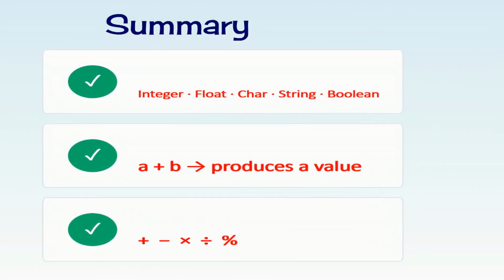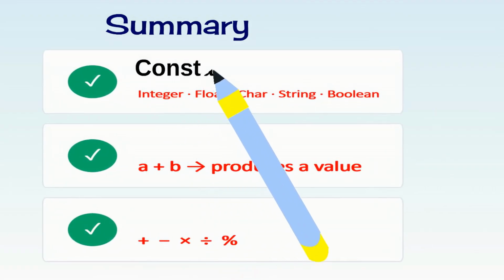Summary, let's quickly review what we learned in this lesson. First, we learned what constants are and why they are useful in C++ programs. We explored different types of constants, including integer constants, floating point constants, character constants, string constants, and Boolean constants. We also learned how to create symbolic constants using const and #define.